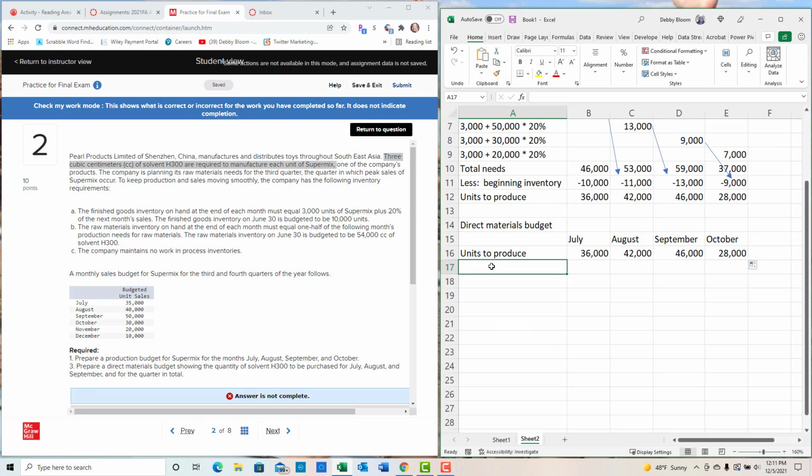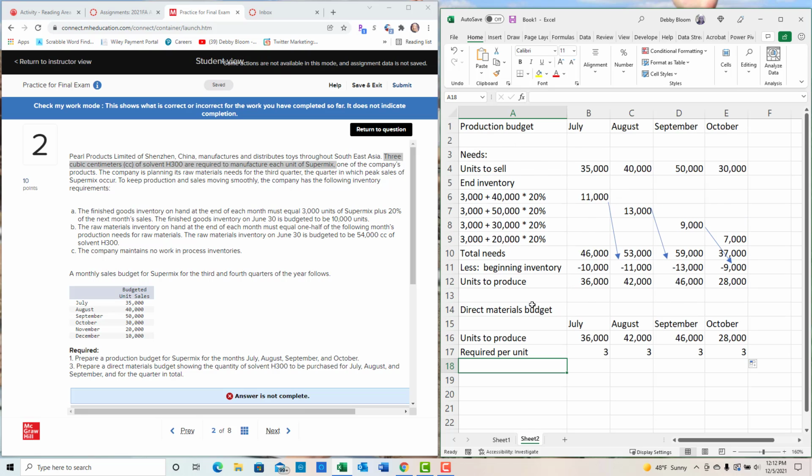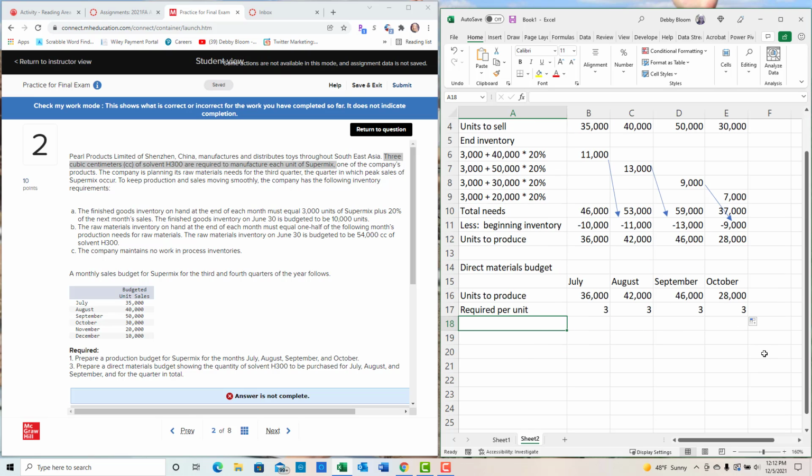So we have our raw materials requirements per unit. And again, highlighted on the left says that 3 cubic centimeters are required to manufacture 1 unit of supermix. So we have to multiply each one of these by 3 to get to our needs for production.